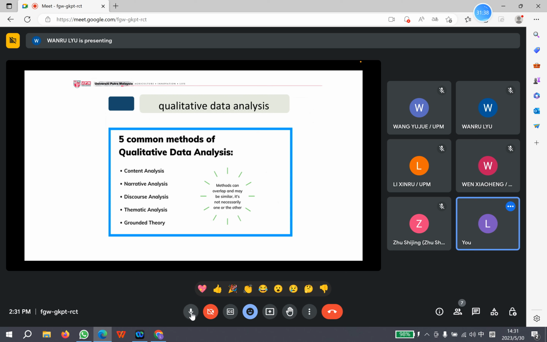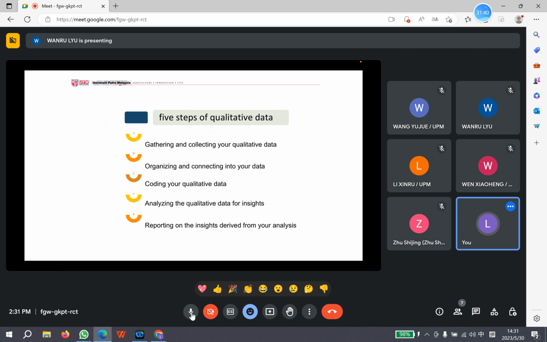Okay, next slide, please. Here I will introduce 5 steps of qualitative data analysis. So step 1 is gathering and collecting your qualitative data. And number 2 is organizing and connecting your data. And number 3 is coding your qualitative data.